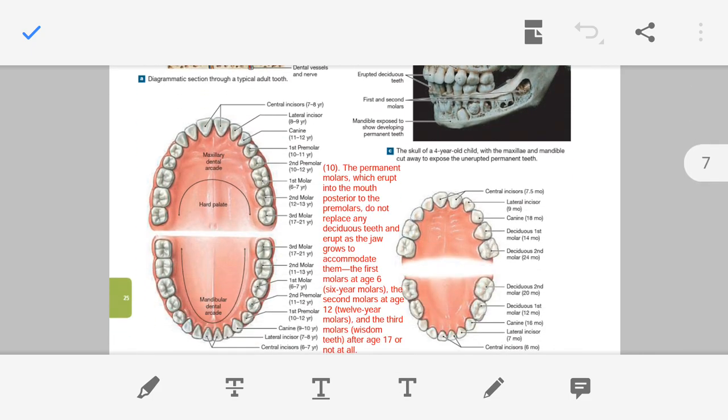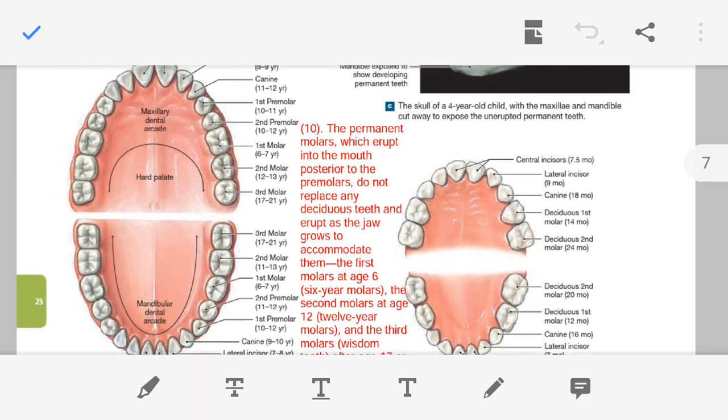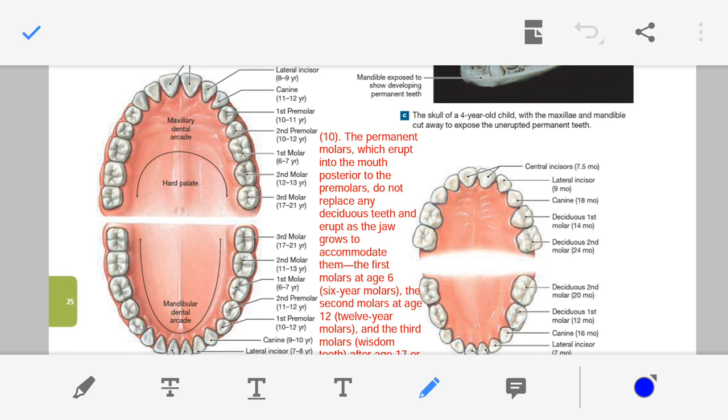In the figure, for example, on the right hand side, these two are replaced by these two. Then these two are replaced by these two.